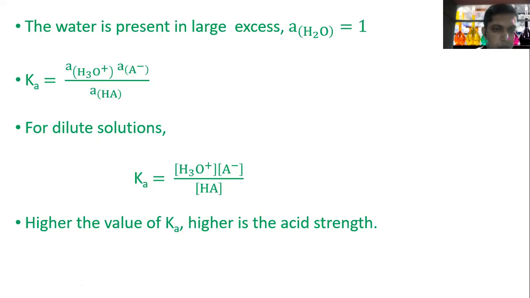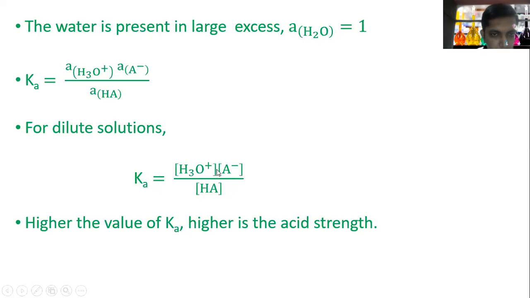Now, what will happen if the value of Ka is higher? When will this K be higher? When more number of ions are present. So whenever the numerator is more and denominator is less, K will be high. In which condition will the numerator be high?